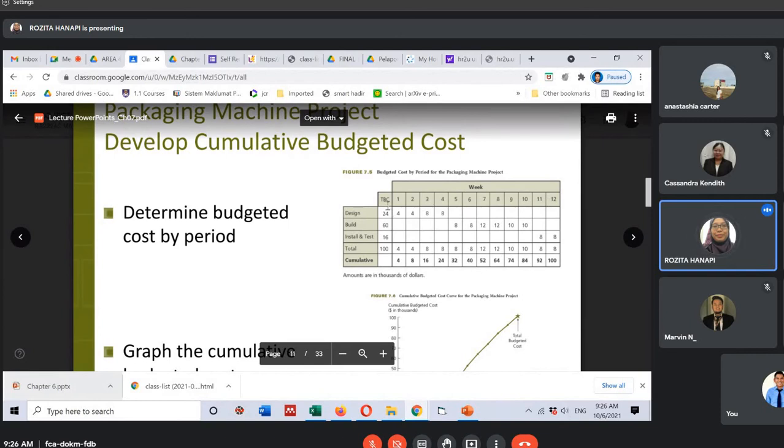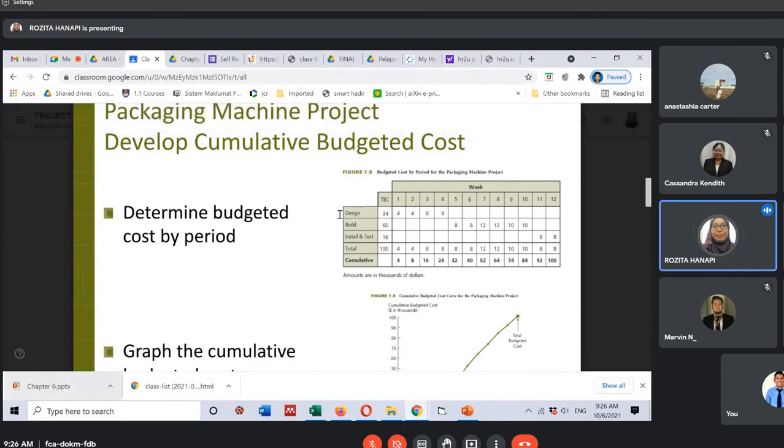Okay, and then the budgeted cost for each of the work packages: we have design, build, install and test. For design it is 24, not 24 ringgit. This one, amounts are in thousands of dollars, so this one is 24,000, and it has been aggregated over the period of the project.